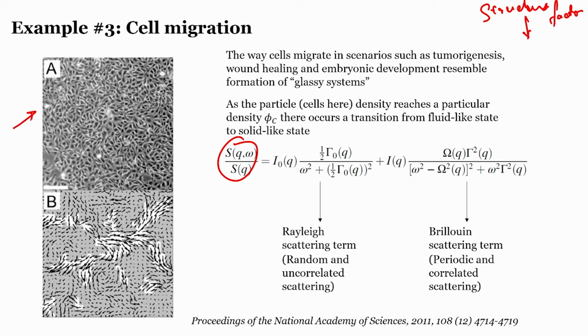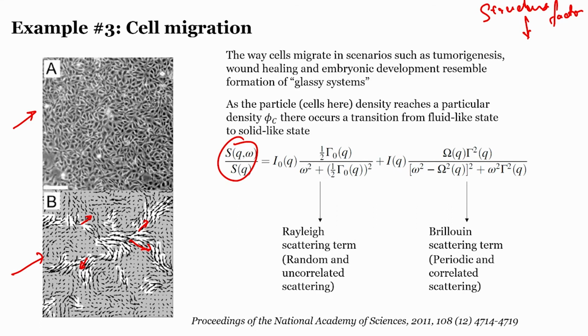This is an actual image of the system, figure A, and figure B is a kind of vector representation of the cell movement. So figure B will give you a more intuitive understanding of how cell migration is happening, which is a still taken and shown in figure A. As we can see, the directions of these arrows: this one is pointing in this direction, this arrow is pointing in this direction, and that one is pointing in that direction.